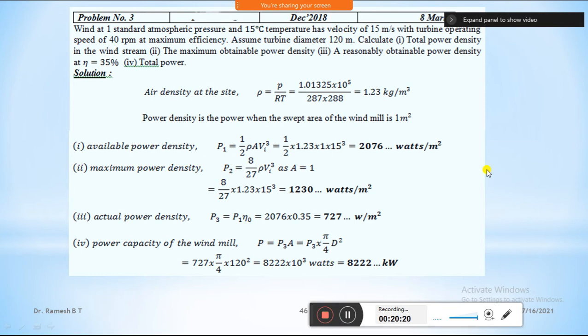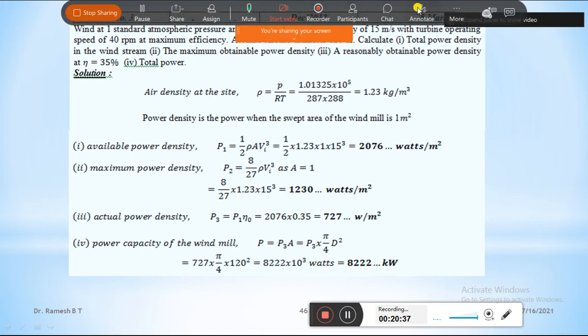First you have to find the air density, because from the air density only we get the power. The air density rho is equal to P by RT, where P is the pressure, R is the gas constant, and T is the temperature in Kelvin.